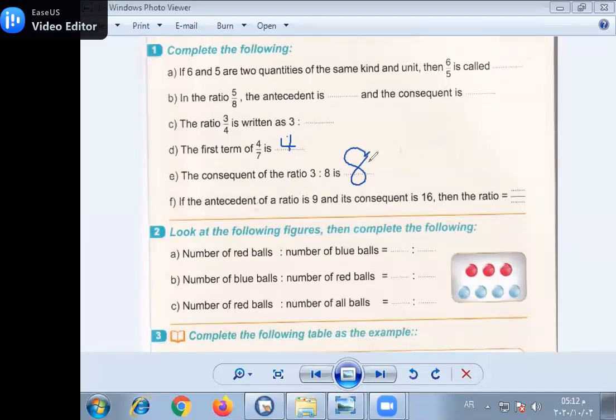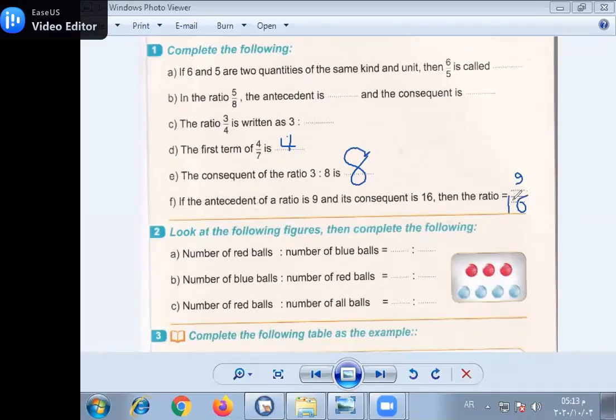Marteros, it's your question. If the antecedent of a ratio is 9 and its consequent is 16, then the ratio equals 9 over 16. Yes, because 9 is the first term of the ratio and 16 is the second term. Okay, let's go to the next question.